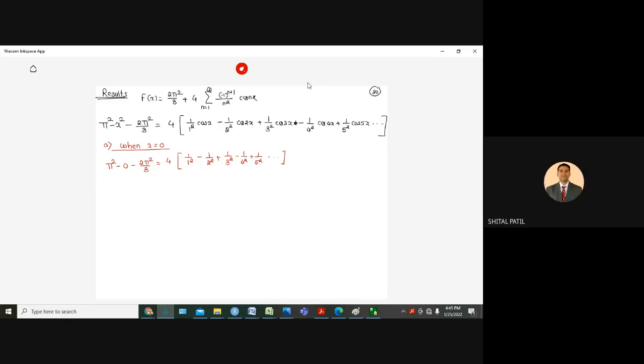Correct. 3 pi square minus 2 pi square, so pi square by 3, so pi square by 12, correct. Take 4 to the other side. Next.